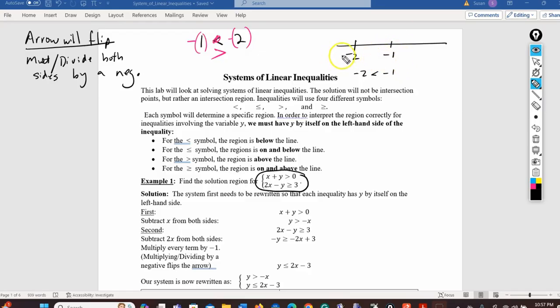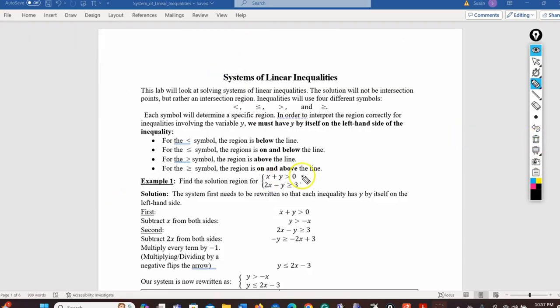Or -1 is to the right of -2, so -1 is larger, greater than -2. What else will make an arrow flip? If you swap sides. So again, we can all see that 2 is less than 3. If I swap the sides, the arrow flips.